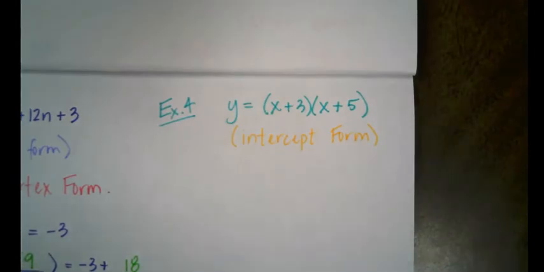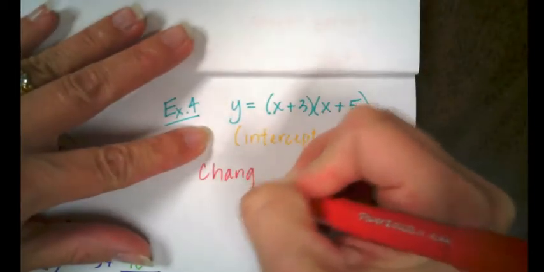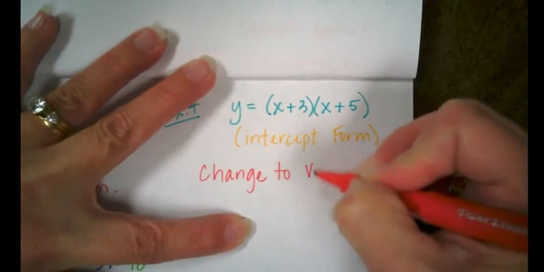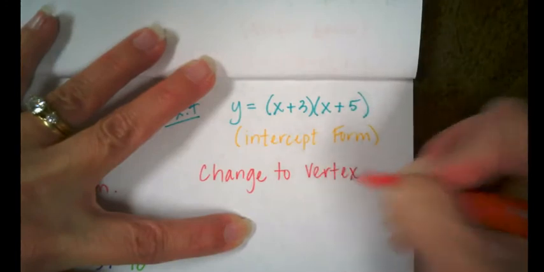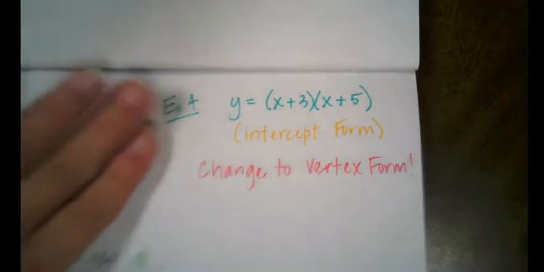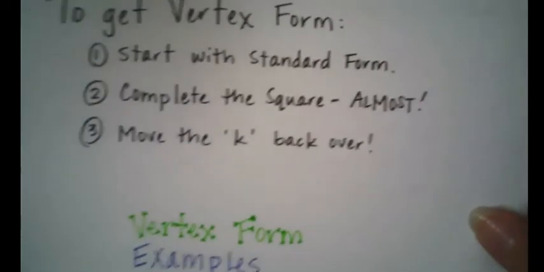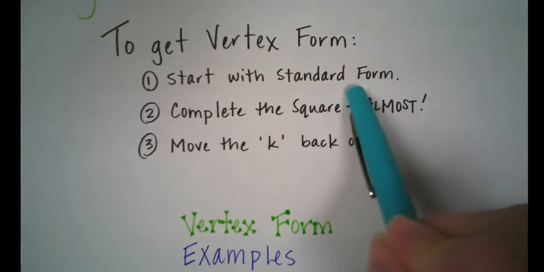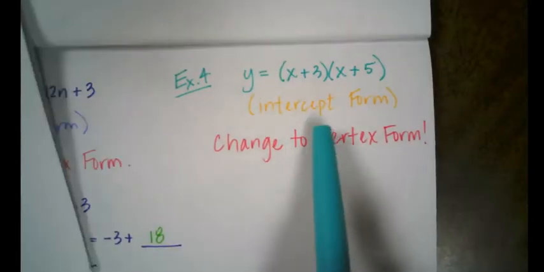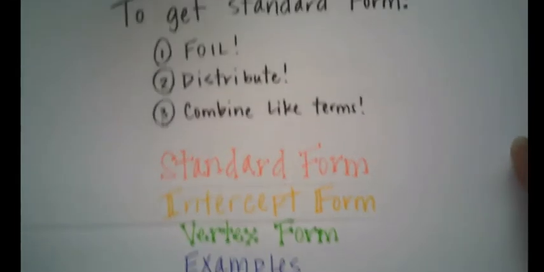All right, I think we should change to vertex form again. In order to change to vertex form, if we look at our flip chart, first we have to start with standard form. Well, we don't have standard form, we have intercept form. So let's go back and look at how we can get standard form.